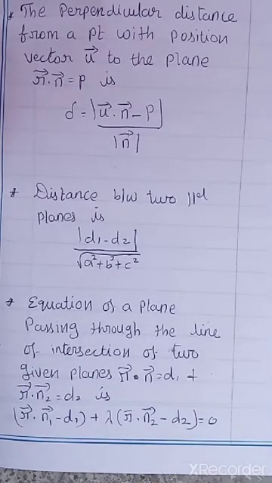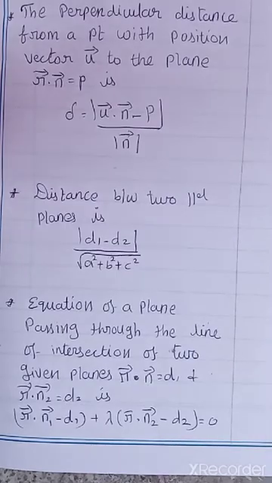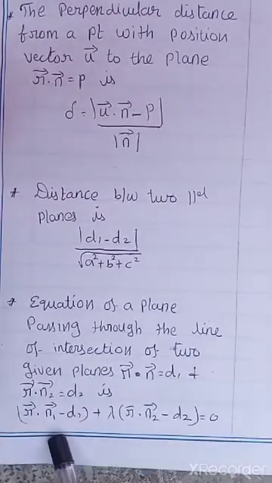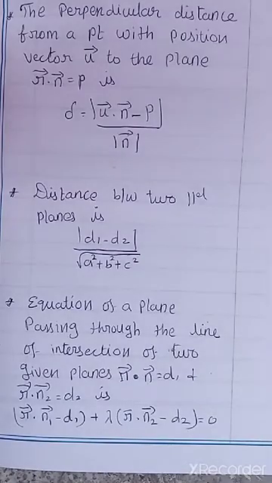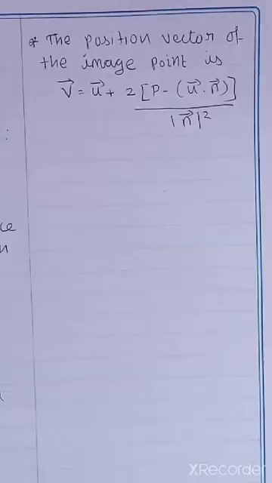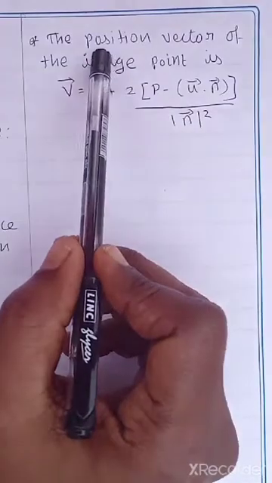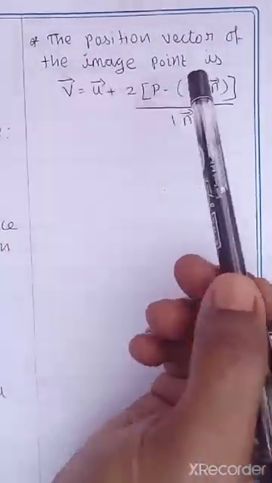What is the formula? r dot n1 minus d1, plus lambda of r dot n2 minus d2, equal to 0. Is that right? Okay, so this is your equation of plane passing through the line of intersection of two given planes.